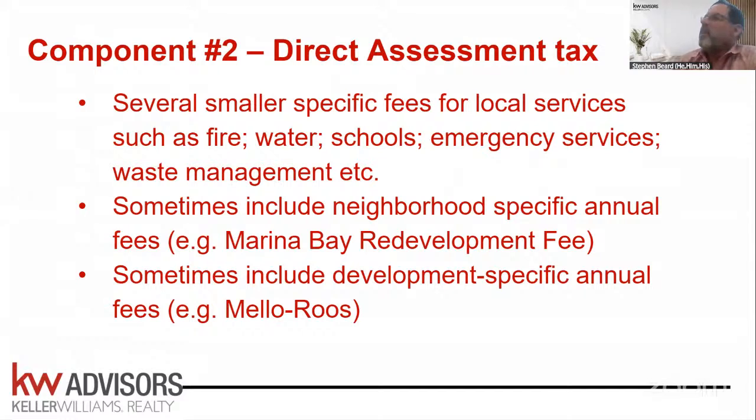Sometimes, if a developer has a certain arrangement when they build a subdivision, they have additional taxes called Mello-Roos taxes that are on top of another direct assessment. So they range from a particular period of time, let's say 10 years or 20 years, or they are lifetime. They are typically lifetime and they just go up. You rarely see them disappear from property.